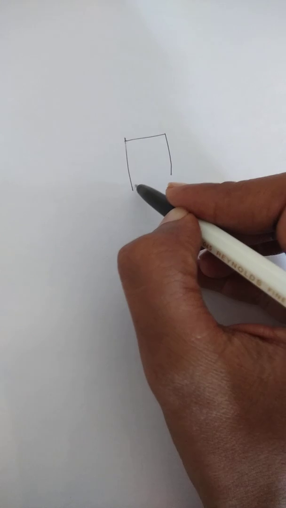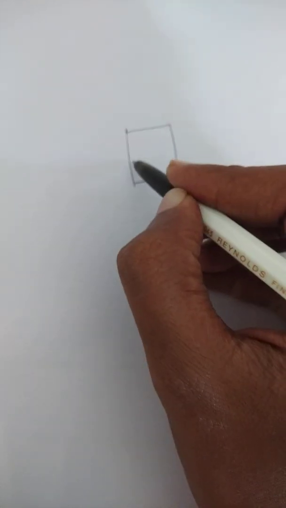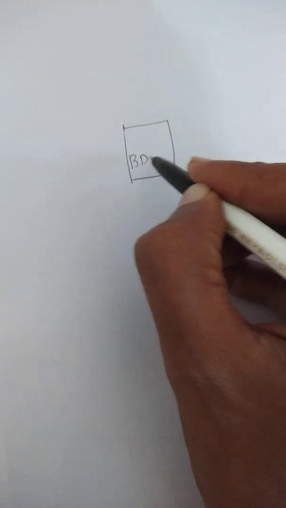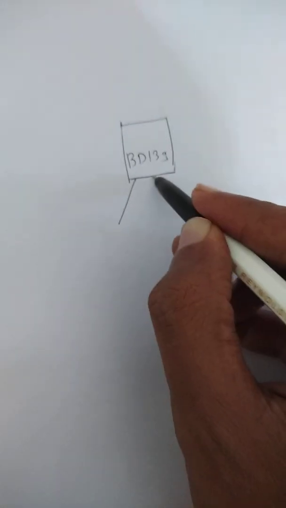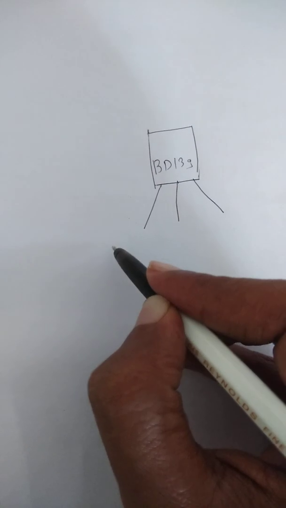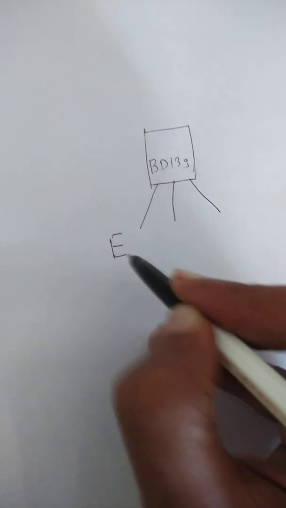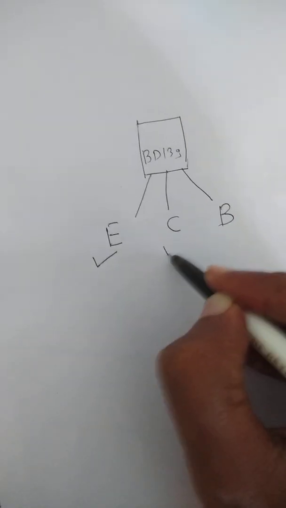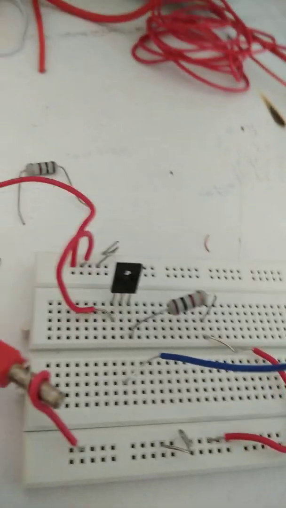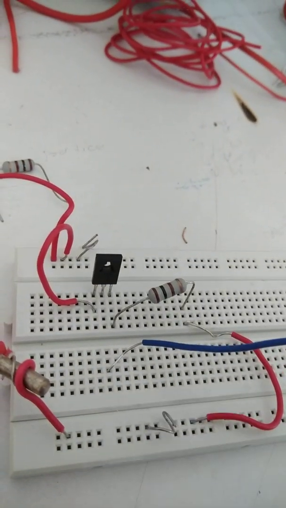Refer this diagram. BD139, 3 terminals: E, C, B, emitter, collector and base. These are the 3 terminals of this power transistor.